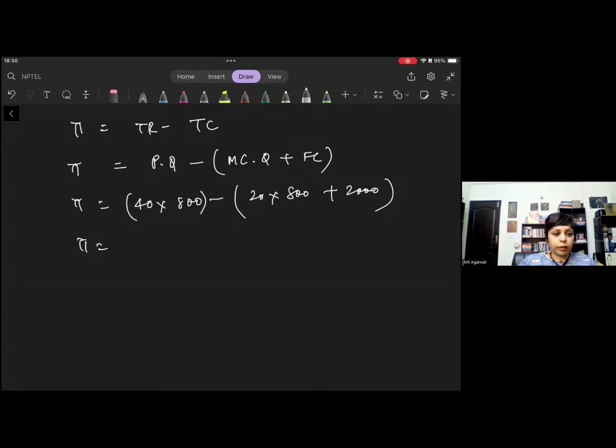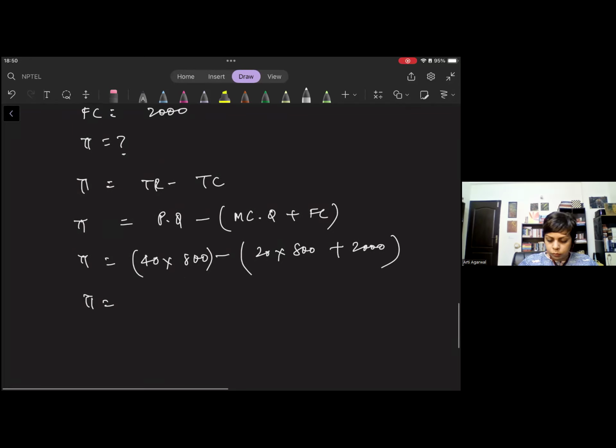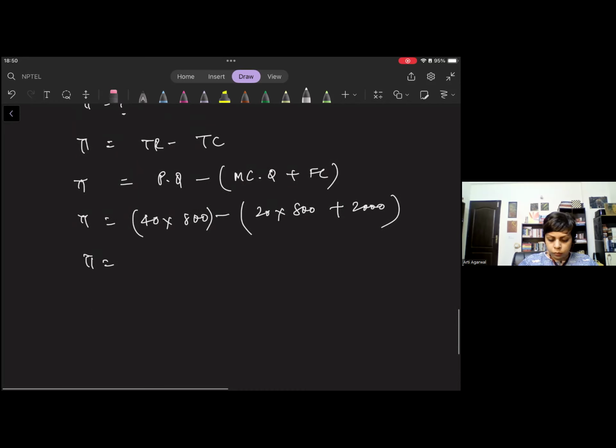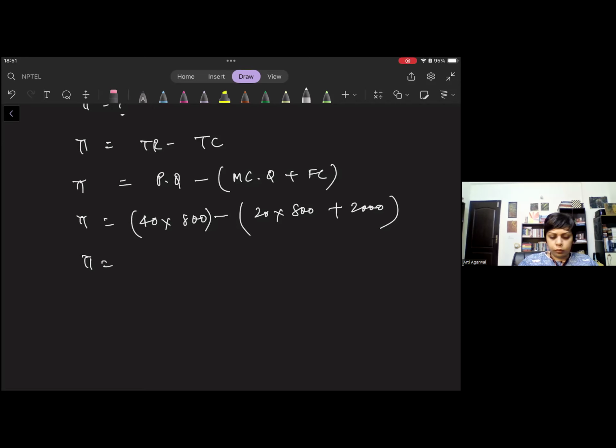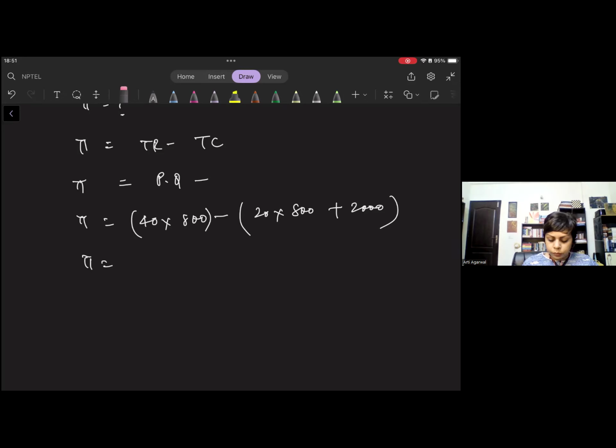I need to find my calculator. Wait a minute, I messed up somewhere. Okay, sorry, we won't take it like this because I'm sort of adding it 2 times.